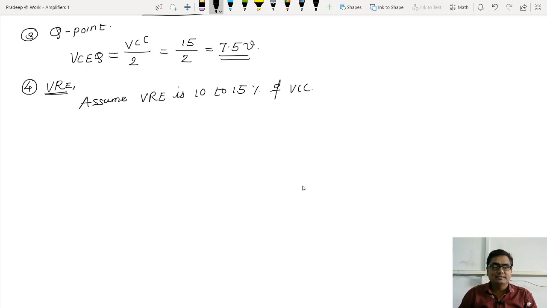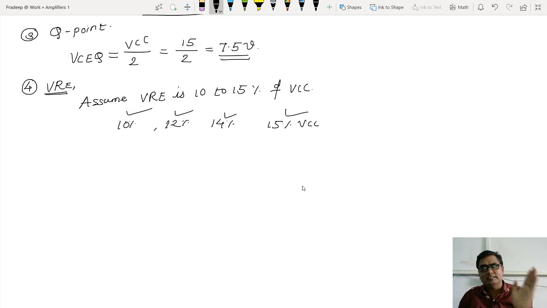One can assume VRE is 10% of VCC, another student can assume it is 12% of VCC, one can assume 14% of VCC, and another can assume 15% of VCC. All values are correct. What I told you, the value doesn't matter, the proportion matters. You can go with 10, 11, 12, 13, 14, 15, whatever. It is a rough assumption for the voltage across RE.